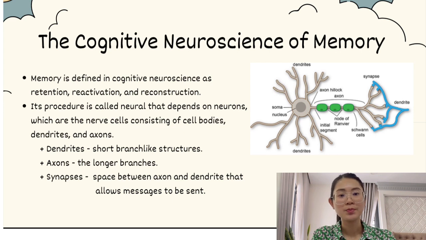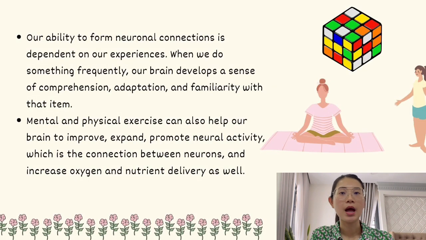And the space between the axon of one neuron and the dendrites of another neuron that allows messages to be sent is called a synapse.